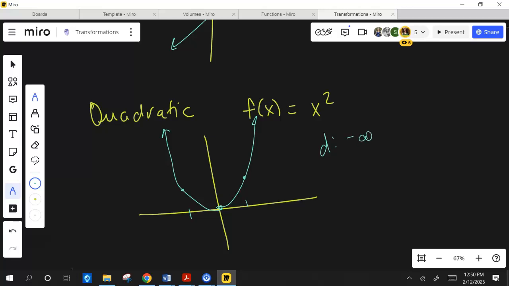Right, because this is left to right, right? Negative infinity to infinity. How about the range? Inclusive or exclusive? Inclusive. Does it include the 0 or not? Unless there's an open dot right there, it's always inclusive at the bottom.